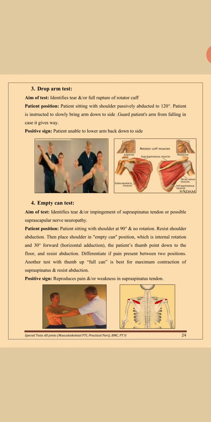The patient's thumb points down to the floor and resist abduction. Differentiate if pain is present between two positions. Another test with thumb up, full can, is best for maximum contraction of supraspinatus, and resist abduction. Positive sign: reproduces pain and/or weakness in supraspinatus tendon.